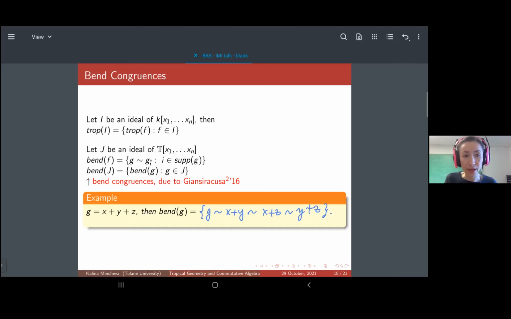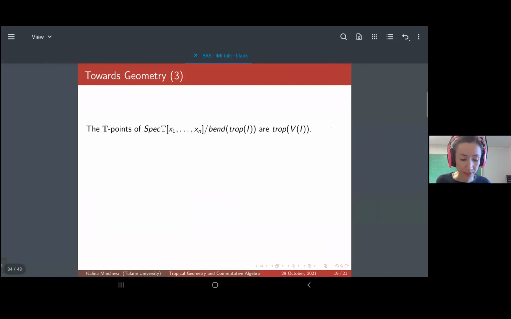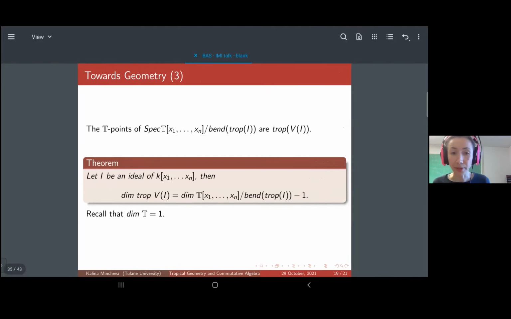And also it is geometrically meaningful, which means that the T-points of this thing, which is supposed to play the role of the coordinate ring of an affine tropical scheme, are actually the honest tropical variety.